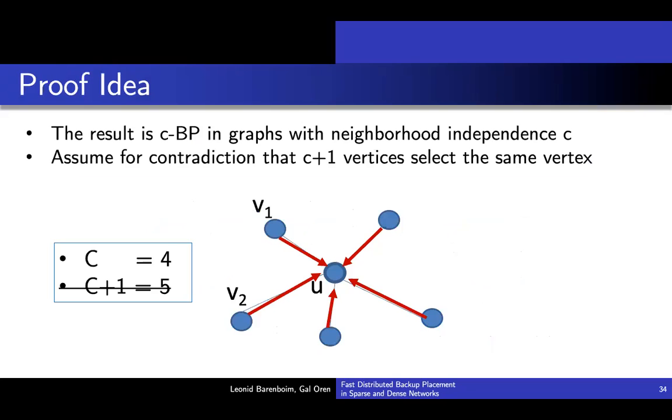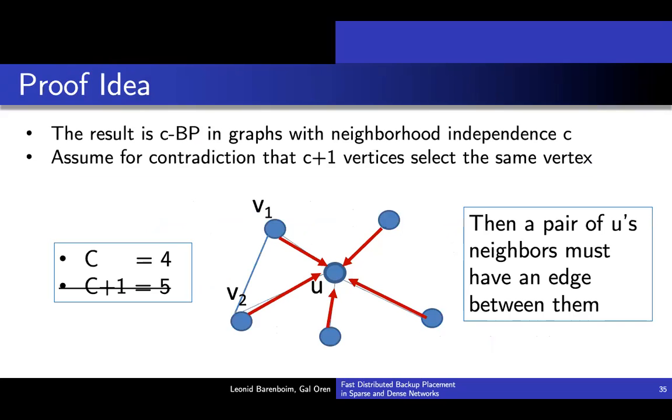We next show that U could not have been selected by both of its neighbors, V1, V2, in the triangle. In this example C equals 4, but for proof by contradiction, we will assume that C plus 1 vertices selected the same vertex U. As C is really 4, then there must be an edge connecting V1 and V2.